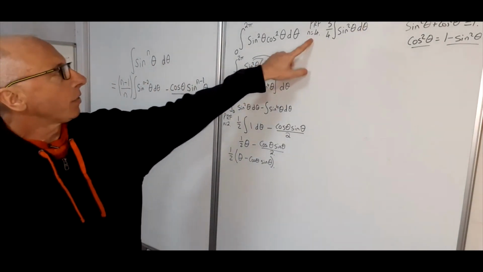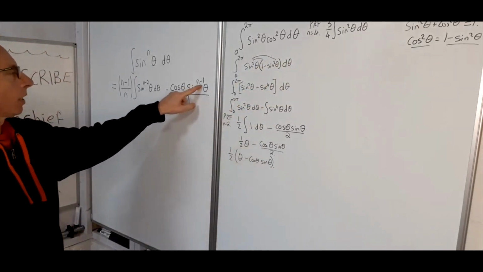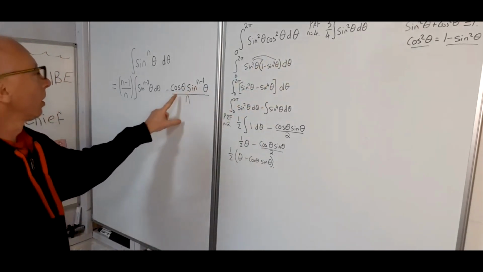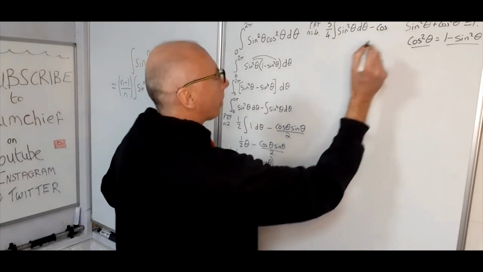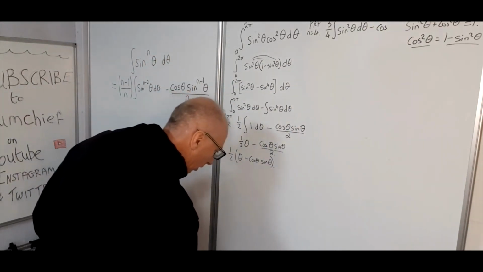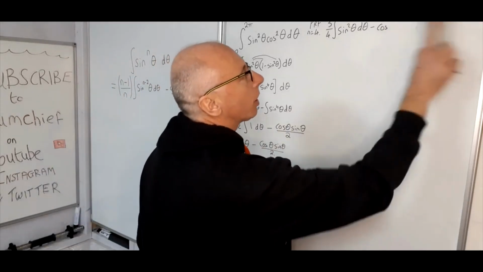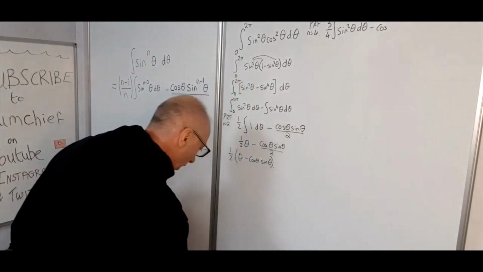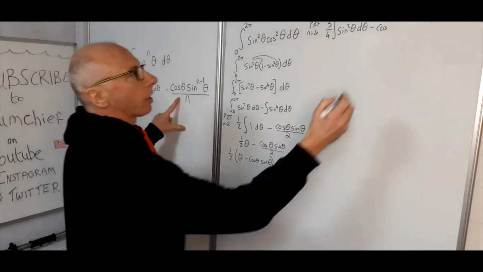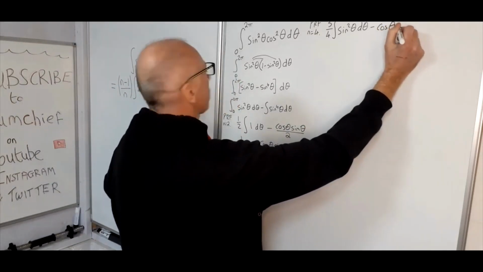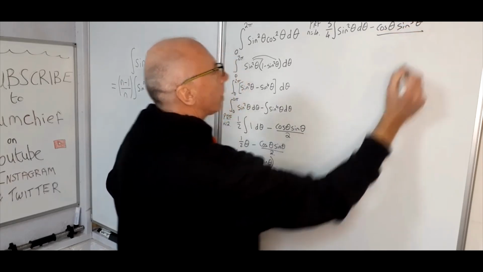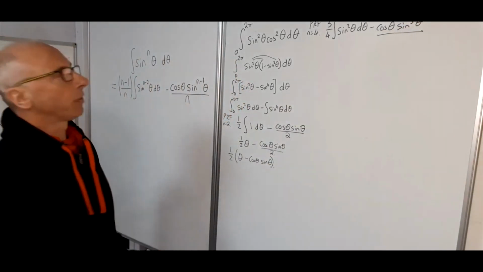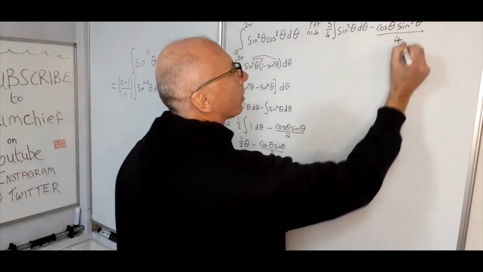Bearing in mind n is 4, so sine to the n minus 1 will give us sine cubed. So we're now going to subtract cosine theta sine cubed theta divided by n. Well, n is 4, so we just write a 4 there.